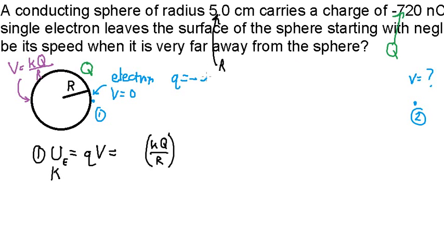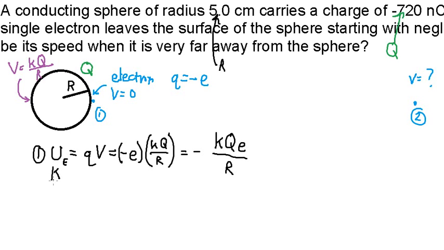The other thing in here is the charge of the electron. The electron has a charge of negative e, where e is the elementary charge, 1.6 times 10 to the minus 19 coulombs.